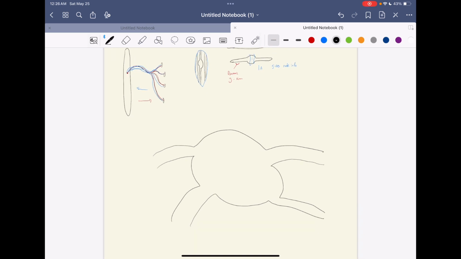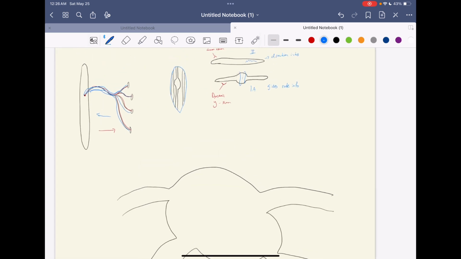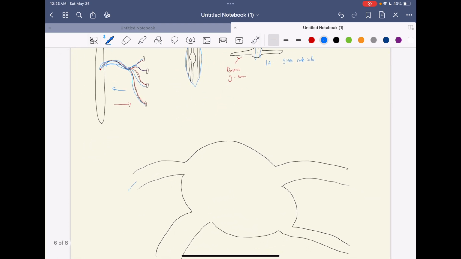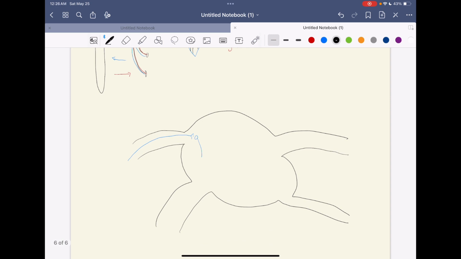So we're going to draw in blue. We're going to have one of these sensory neurons coming in this dorsal root. I'll have a synapse here, the release of all that acetylcholine, and it will come to two places.